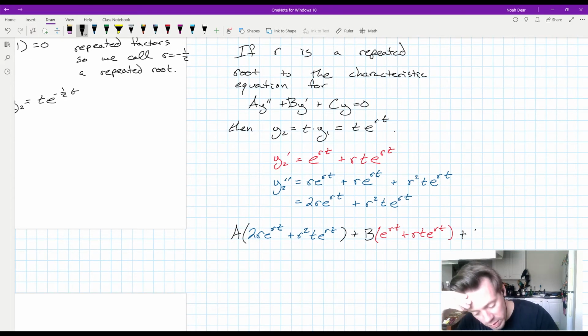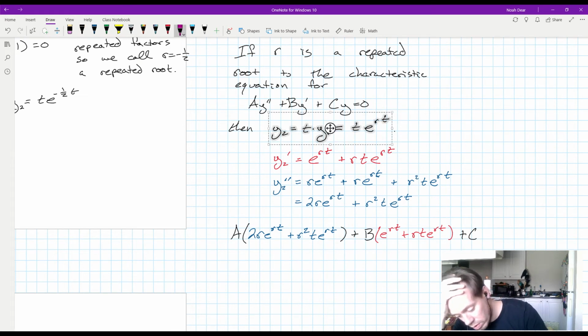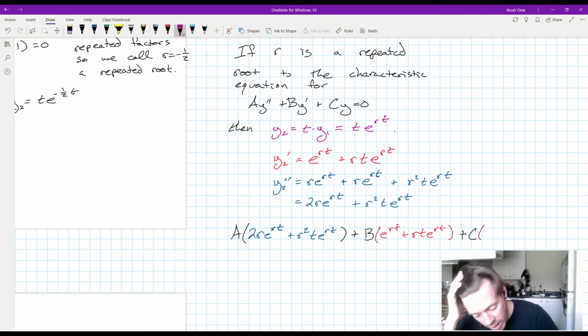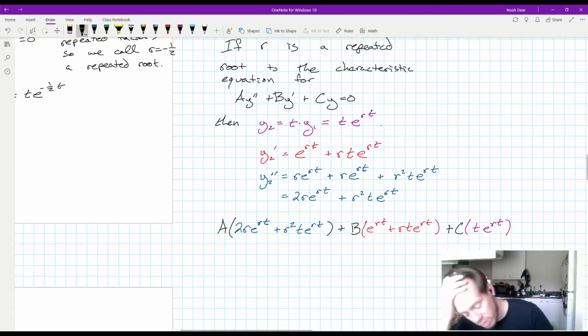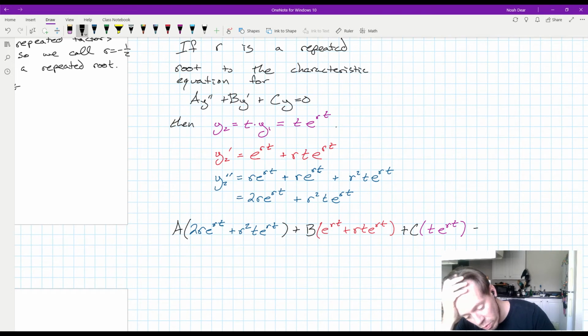We're going to go plus c, and let's do purple. So y2, we'll do in purple, and we'll say, okay, t e to the rt. We want to ask, does this all equal 0? Is this going to work?